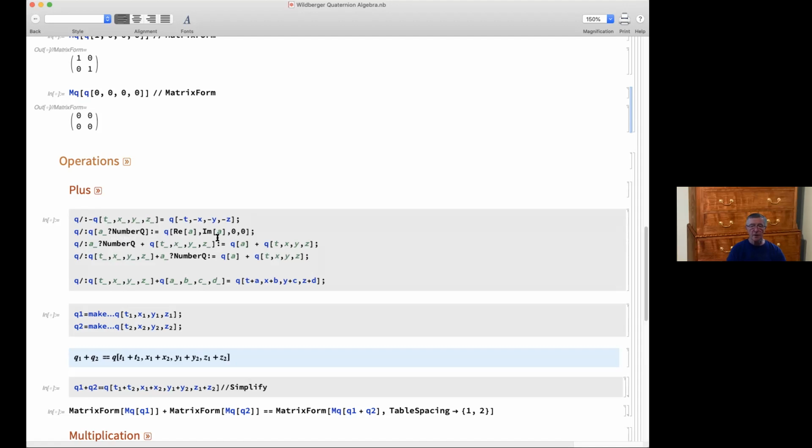So this is the way that it works out, and then we get term by term addition.